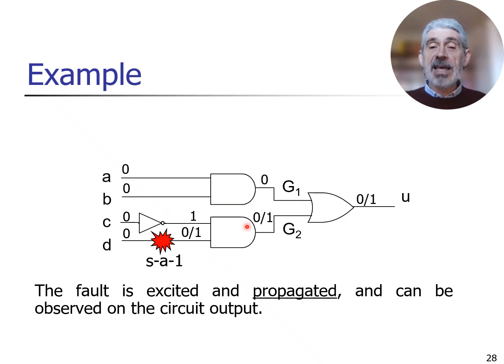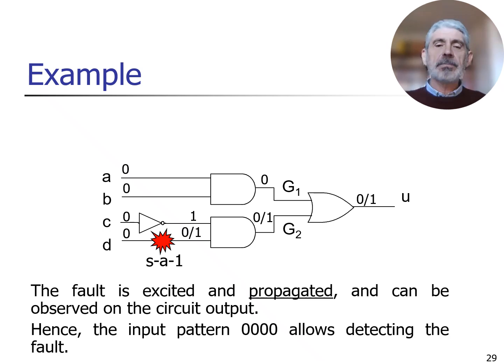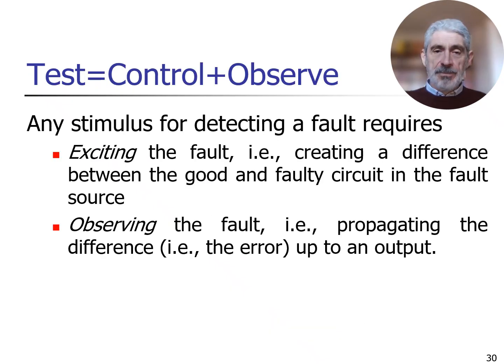In this case, the error appears even on U, and it becomes a failure, because it is a difference on a visible output of the circuit. To summarize, using this input vector 0000, the fault is both excited and propagated. Hence, this input pattern represents a test pattern for our fault.